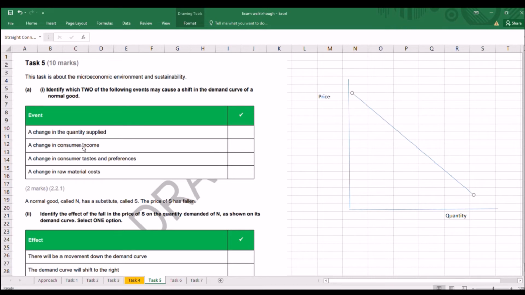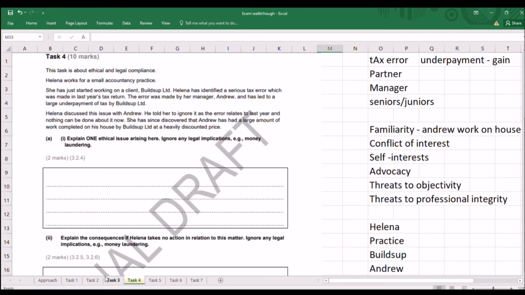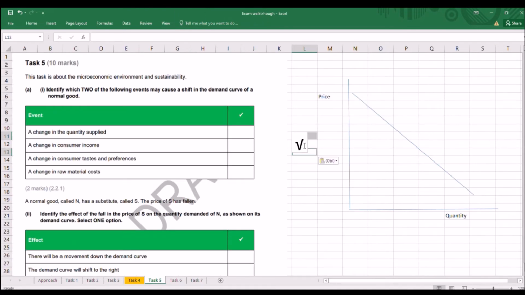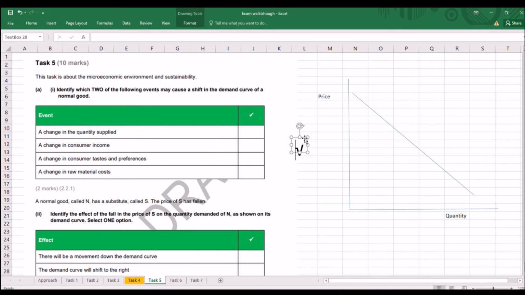A change in consumer income. So that's going to create a shift. Let's get ourselves a little tick mark here. So that one's right. A change in consumer tastes or preferences. So yes, that change in consumer tastes or preferences will cause a shift in the demand curve left or right. So that's another one.